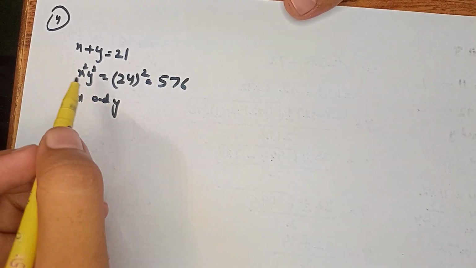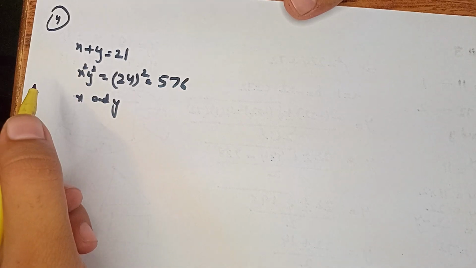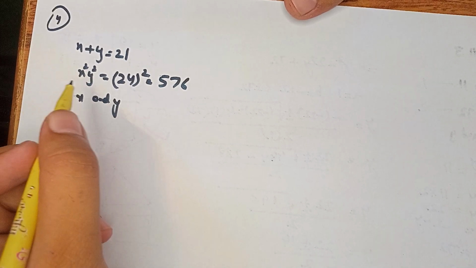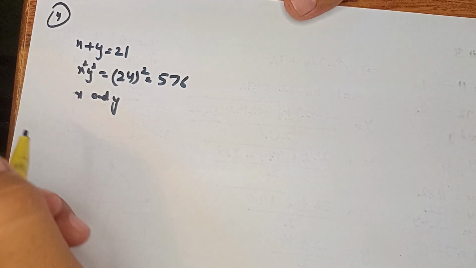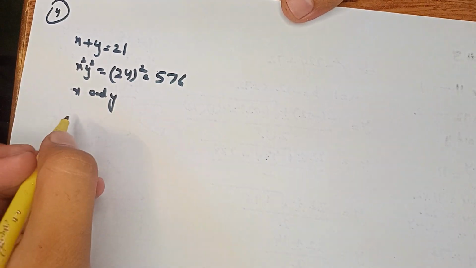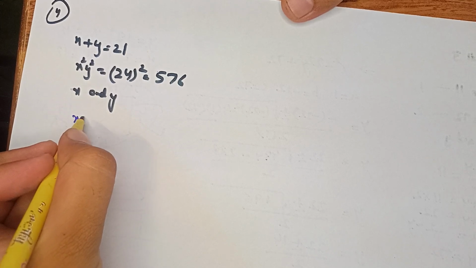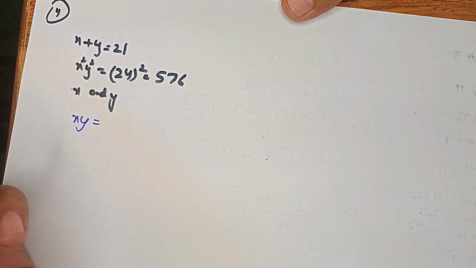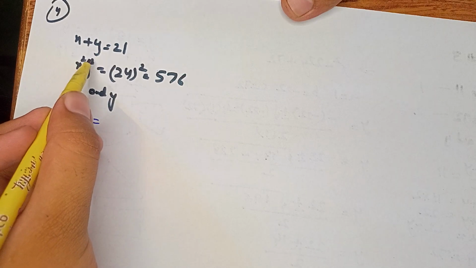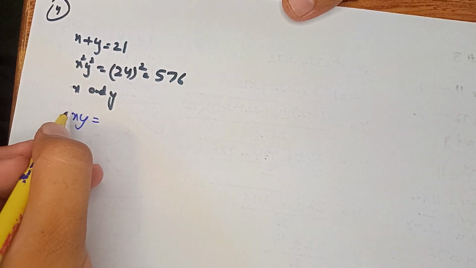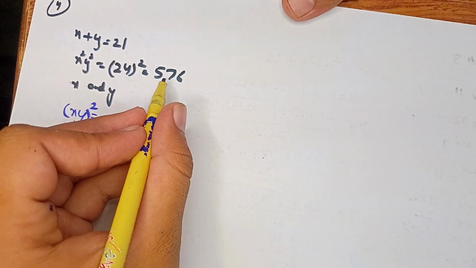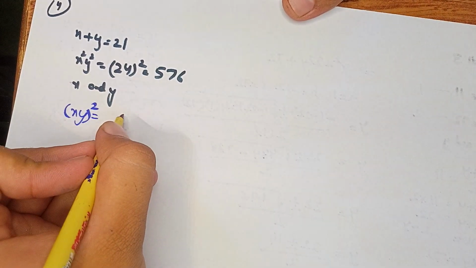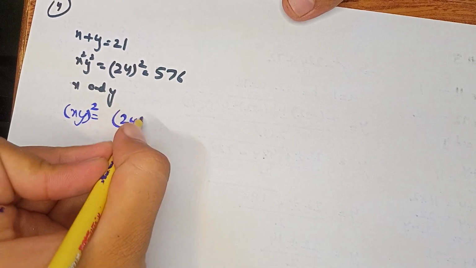Before we go to the solution, we have to remember one thing: we have to find the second equation properly. For example, xy is something like that. But we have squares on both sides, so I can take the whole square, and this 576 is 24 whole square.